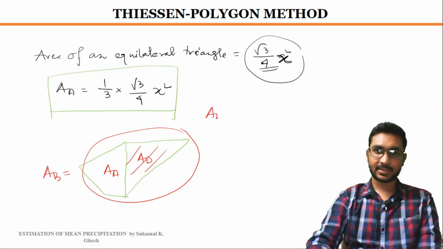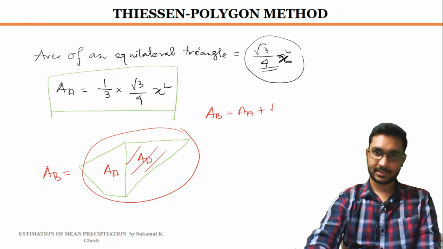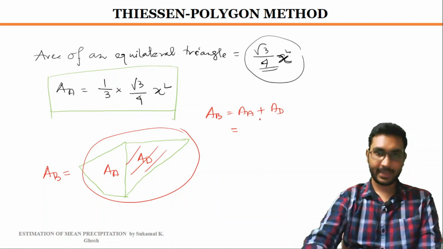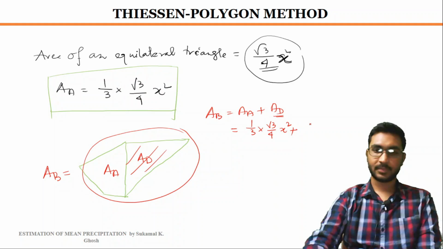So this whole area is our AB. AB is nothing but AA plus AD. AA is 1 by 3 into root 3 by 4 into x square, and AD was x square by 8. So this is the value of AB.